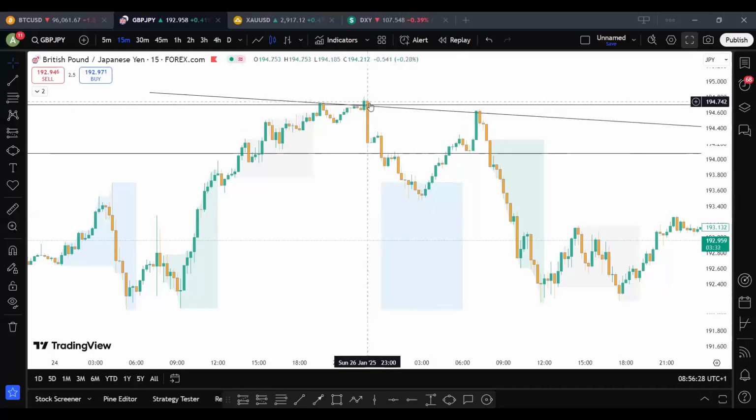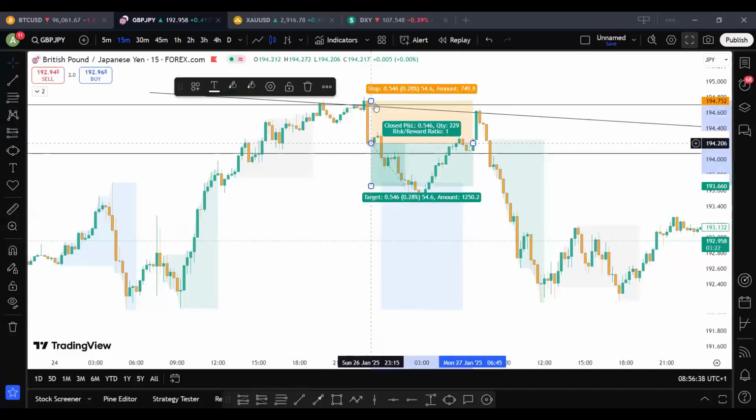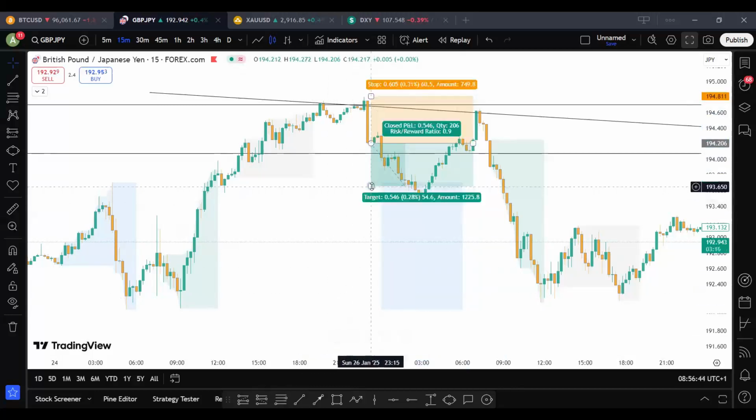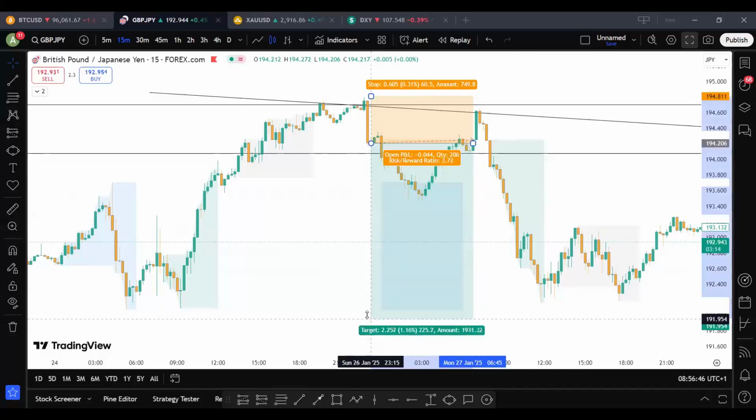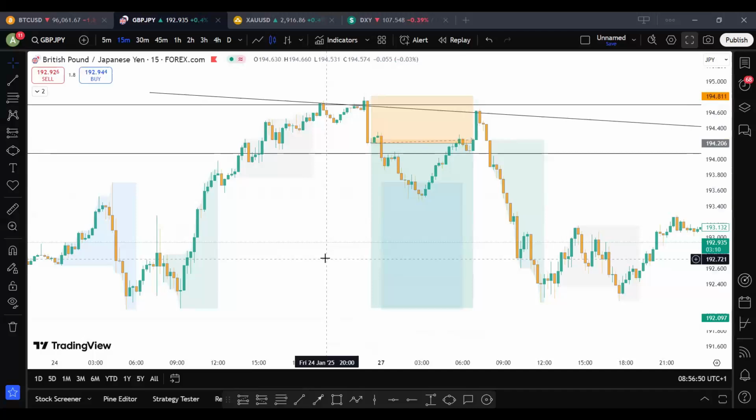This is a very big impulse to ignore. So you can place your entry here. Once this one closes, you place your entry and your stop loss above here. Then you target possibly this low.